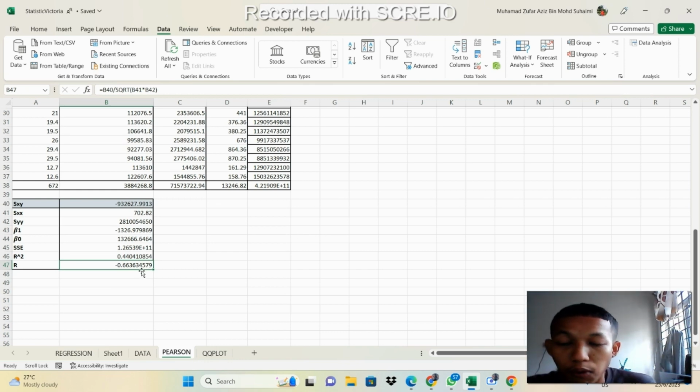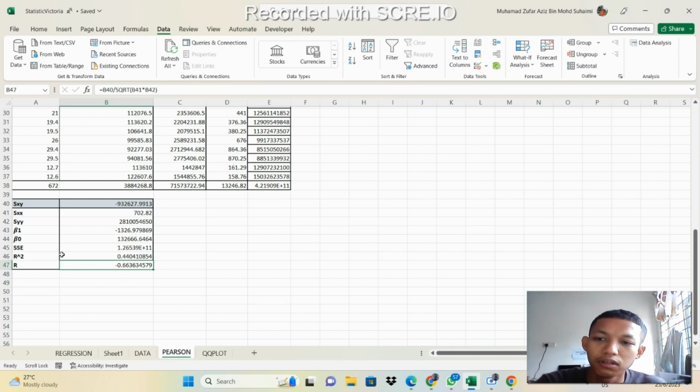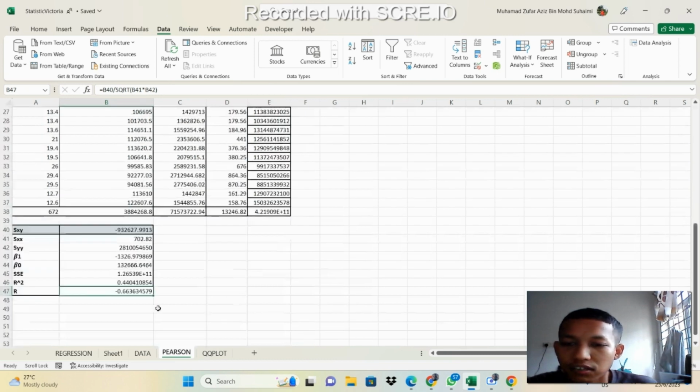So you can see that beta 1 represents the value of m and beta naught represents the value of c. So there's nothing much to say about the Pearson one.